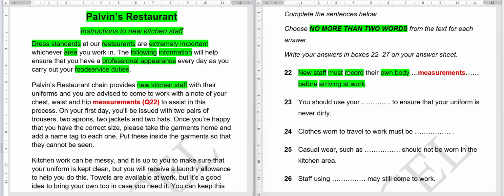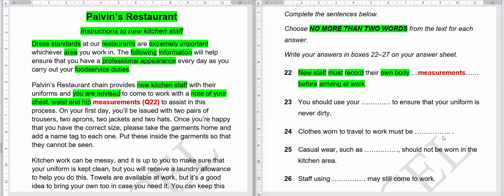Like record of their own body, note of your chest, waist, and hip. Obviously these are parts of your body. So you are advised, so you have to do this yourself. That's why measurements is our answer. Moving on to the next question, number 23.